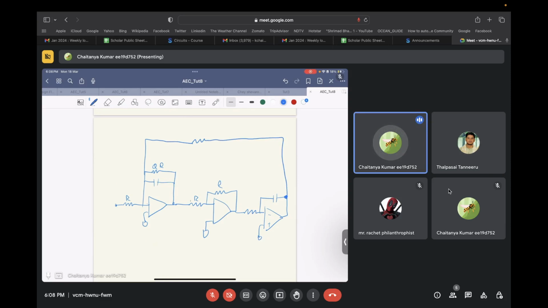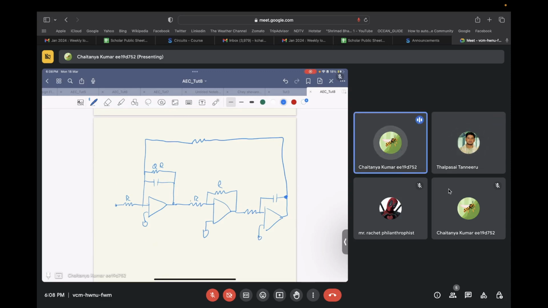So if you want to see the op amp signs, I think this will be a fairly comprehensive example to see the negative feedback and to understand how the signs of the op amp work.